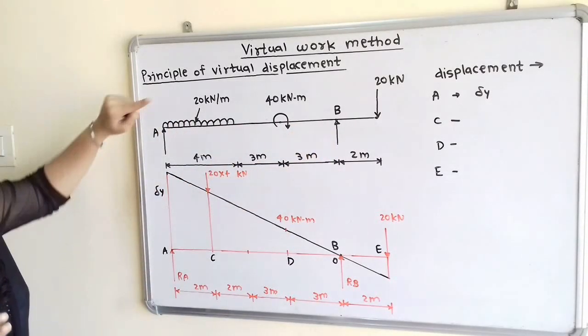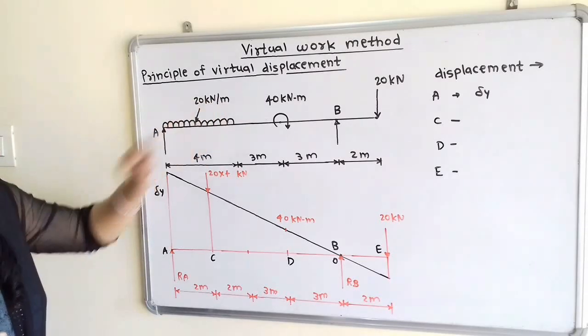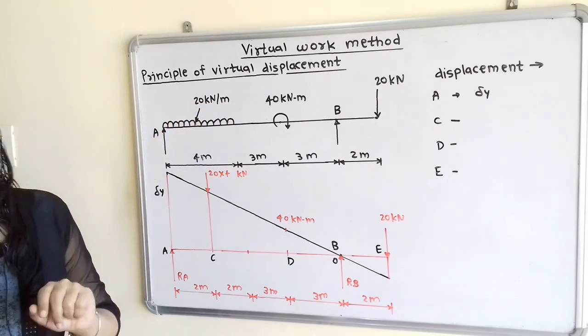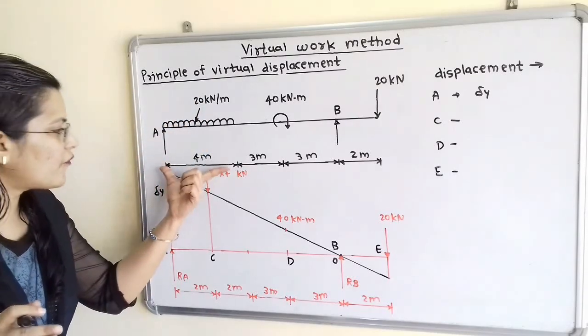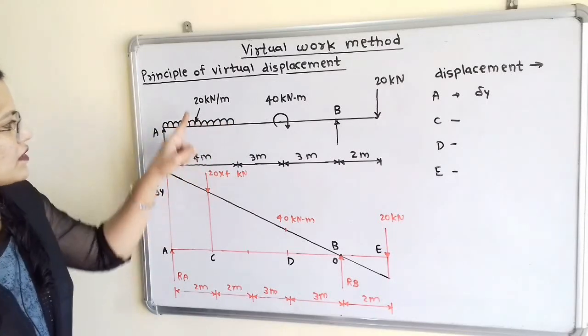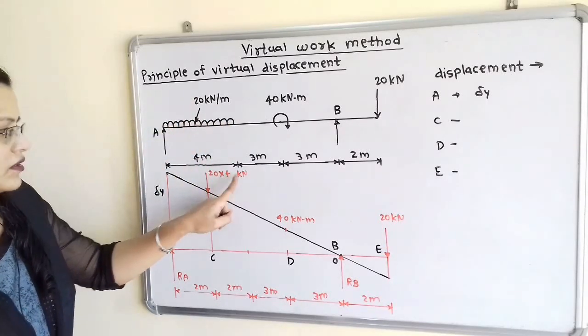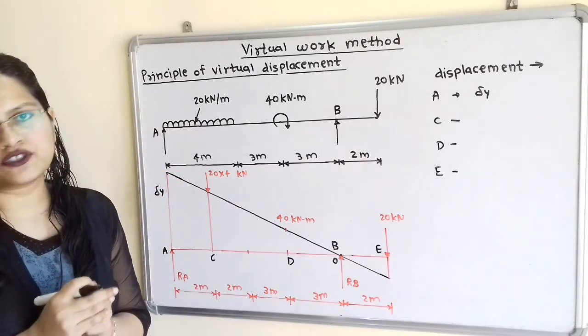Now if we observe the uniformly distributed load, it is 20 kN per meter. So what is the total load? For 1 meter the load is 20 kN. So for 4 meter, because it is on the span of 4 meter, 20 multiplied by 4 kN load acts. Now what is the point of application of this load?